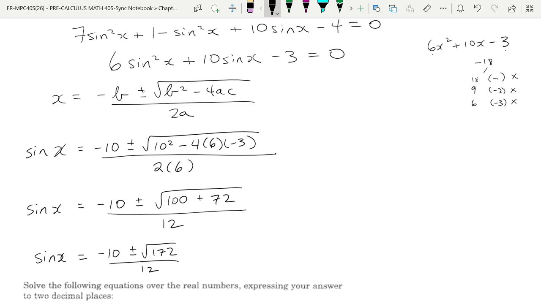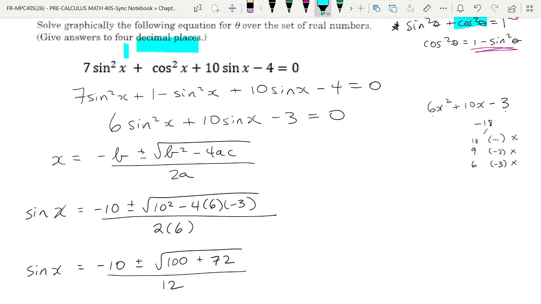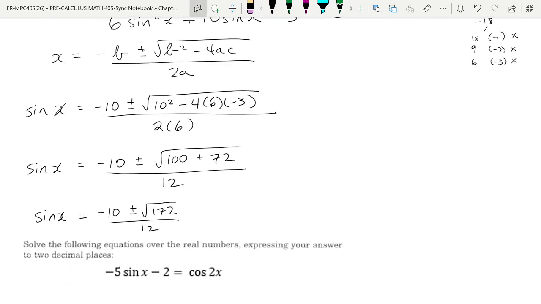Whenever you break out the quadratic formula and you get a perfect square under here, you should always feel a little bit of shame because it's like, oh, this factored, I just couldn't figure out what it was. But 172 is not a perfect square, right? 144 is, 169 is, 196. So 172 isn't. And that's why this question said, break out the decimals, because this does not work out to whole rational numbers. Okay, so let's see what we can do with that.